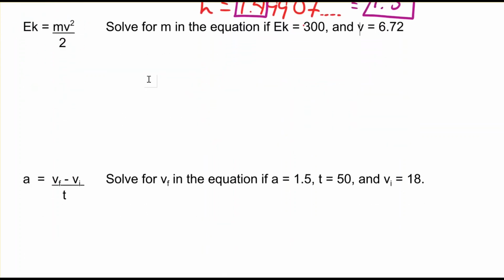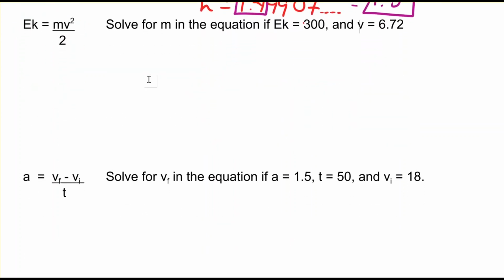Next one, solve for M in the equation if EK equals 300 and V equals 6.72. So we want M, so here's M, so we have to multiply by 2, cancel, cancel, so multiply by 2.